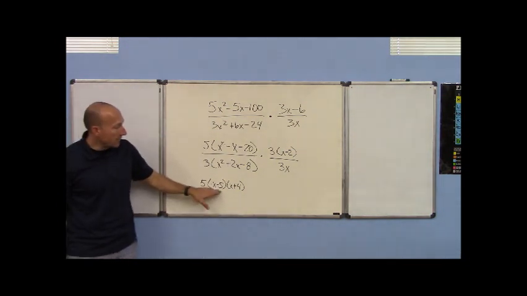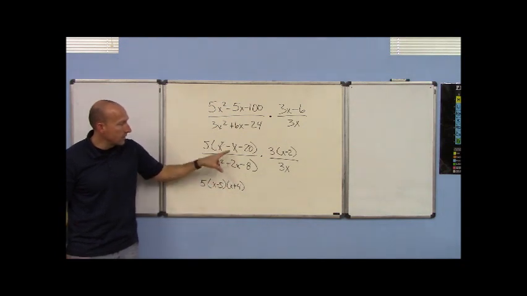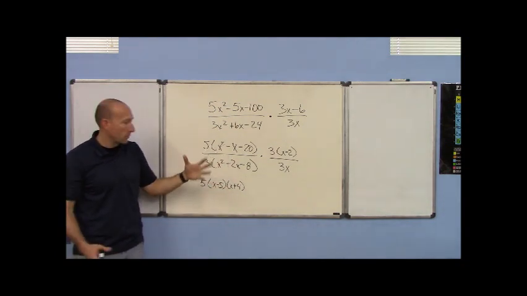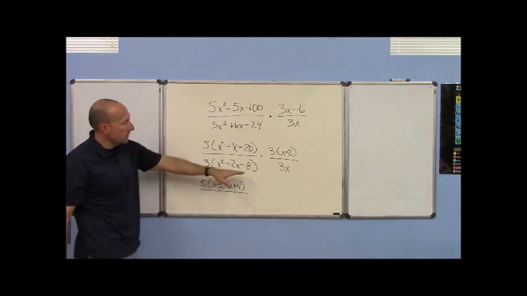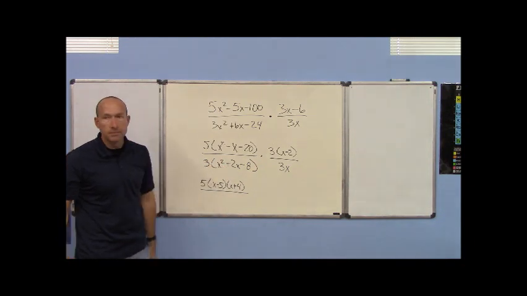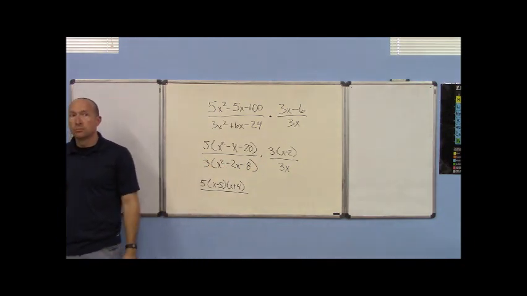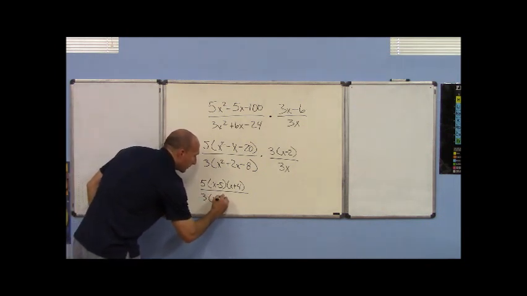Okay, so negative 5 times 4 is negative 20, and when you add negative 5 plus 4, you get negative 1. So we're good, right? All right, what about the bottom? Factors of negative 8 that give you a positive 2. What is that going to be?